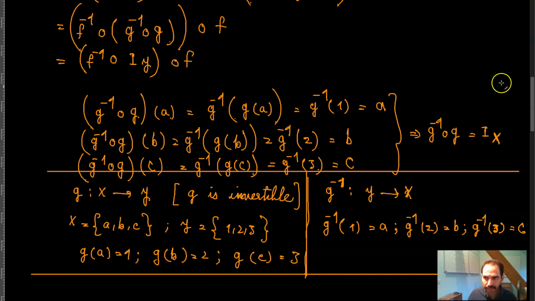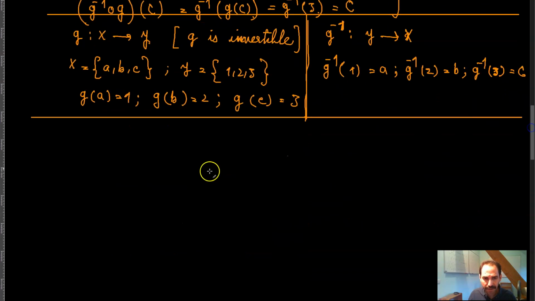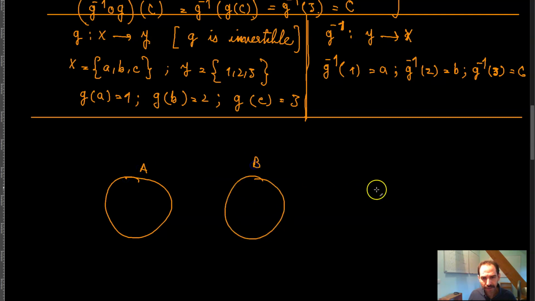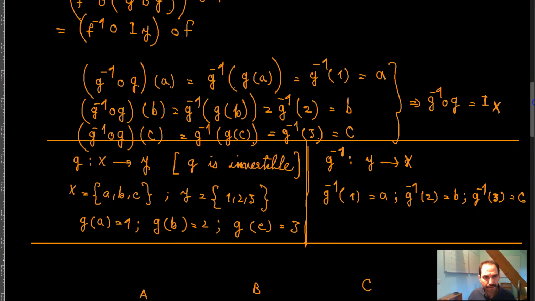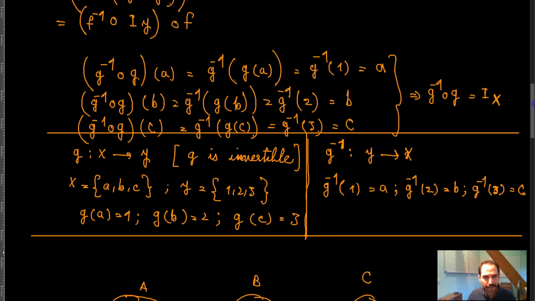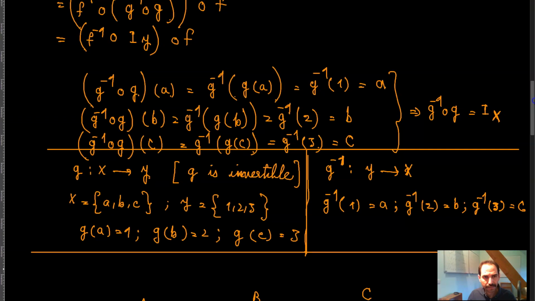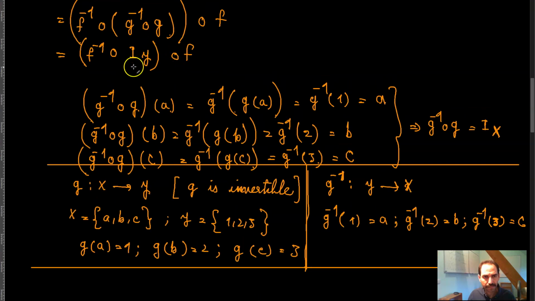Let's say that you have, for example, this set A here, and then you have a set B here, and then you have a set C here. And of course Y is just a set here.